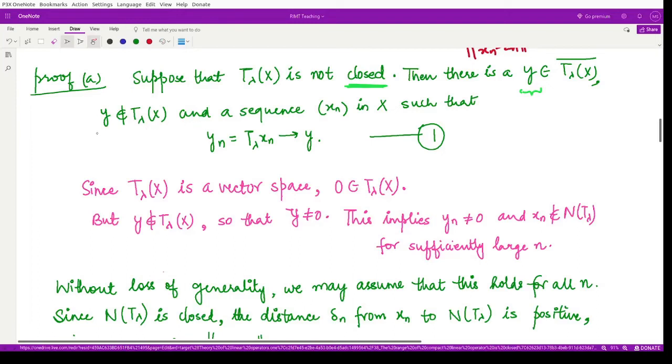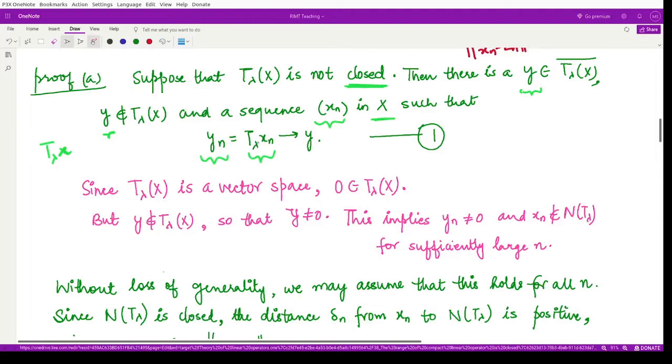And for this y, because we are taking this y from the closure of t lambda x, it would have some form of this kind, t lambda x, where x is some member of capital X. So we would say corresponding to this y, there is also a sequence xn in the normed space capital X, such that yn is nothing but t lambda of xn.